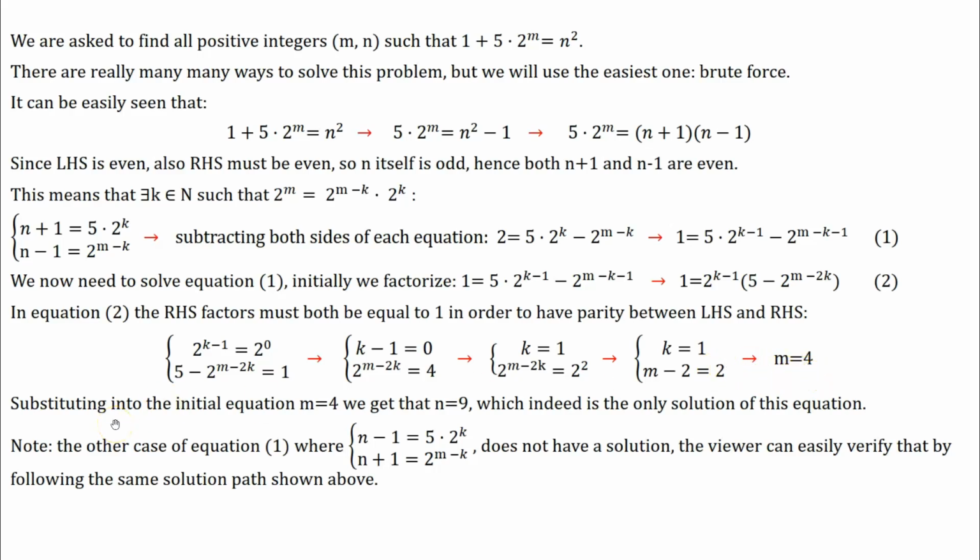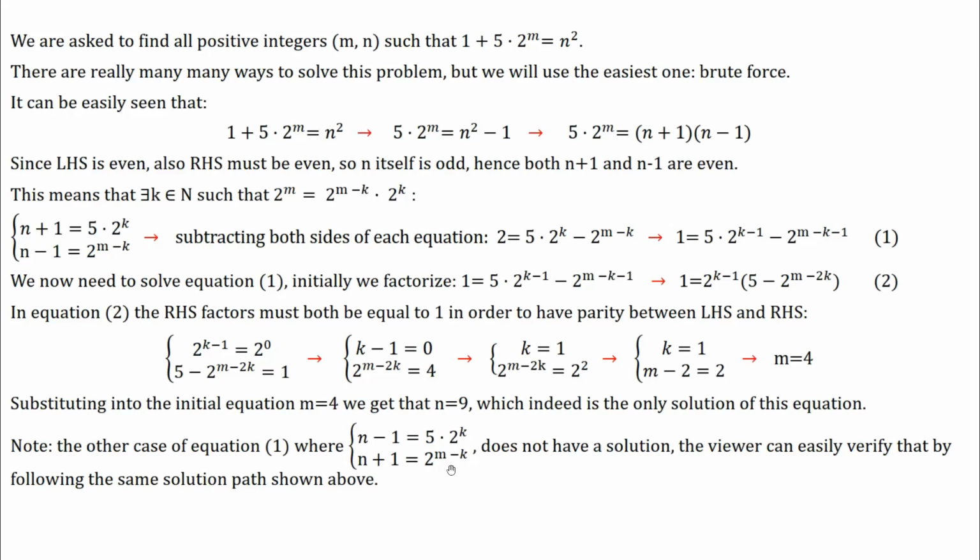Which gives us m equal to 4. Now, substituting into the initial equality, with m equal to 4, we get that n will be equal to 9, because the left-hand side value will be equal to 81, which indeed is the only solution of this equation. Here we could have a hypothesis that n minus 1 is equal to 5 times 2 to the power k, and n plus 1 is equal to 2 to the power m minus k.